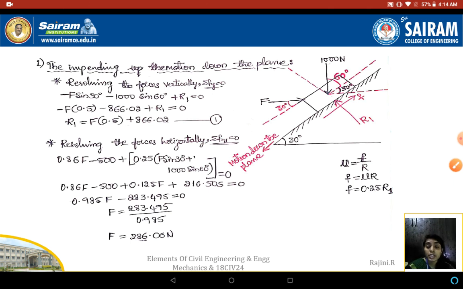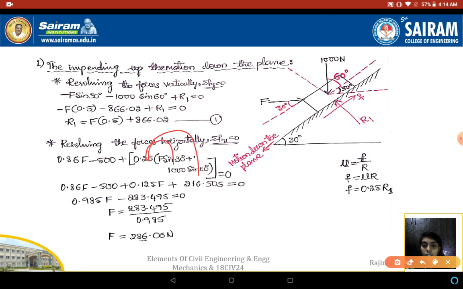If you substitute that, 0.866 F minus 500 plus, multiplying 0.25 into each term, we will get 0.125 F plus 216.505 is equal to 0.